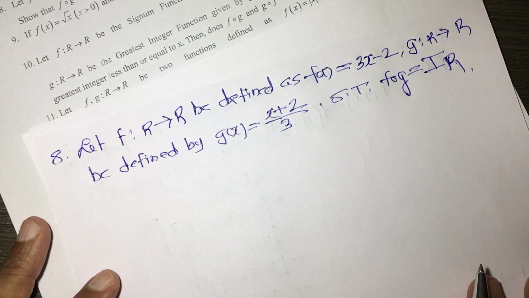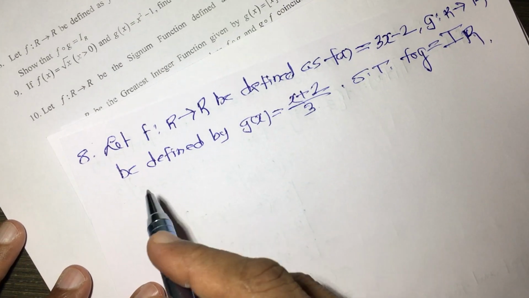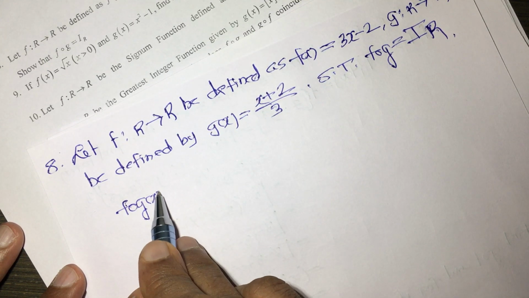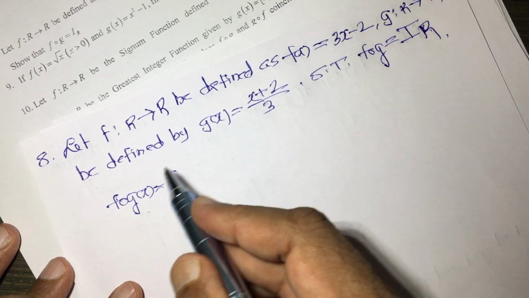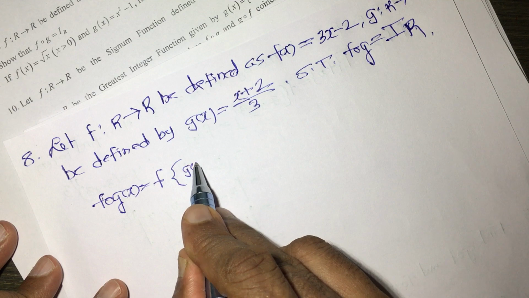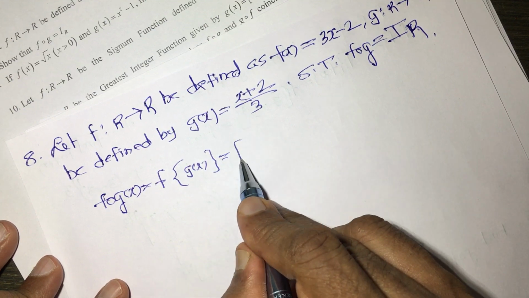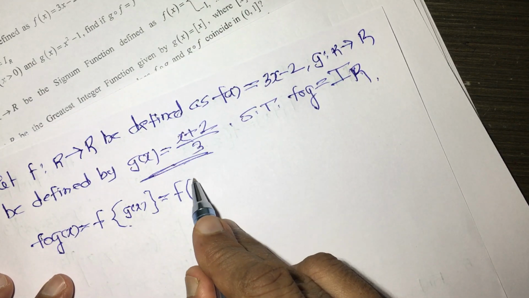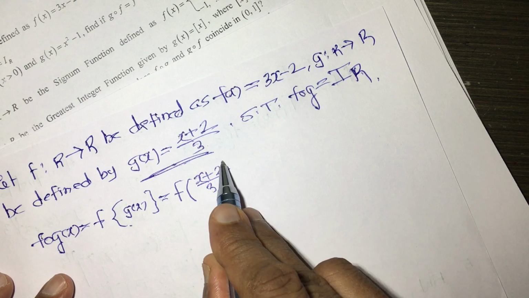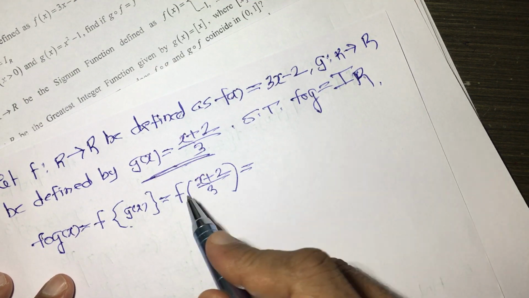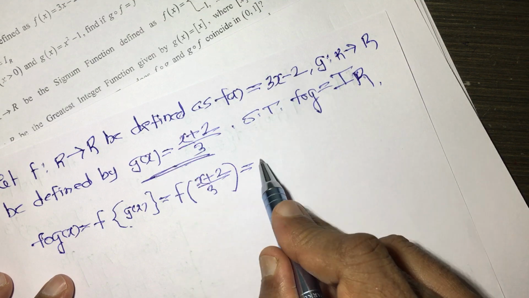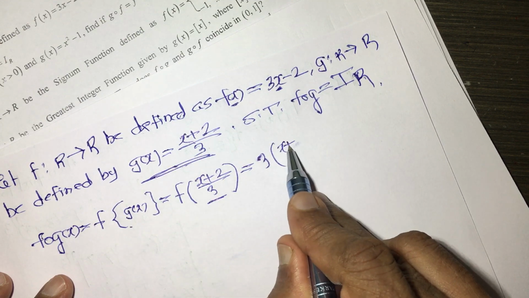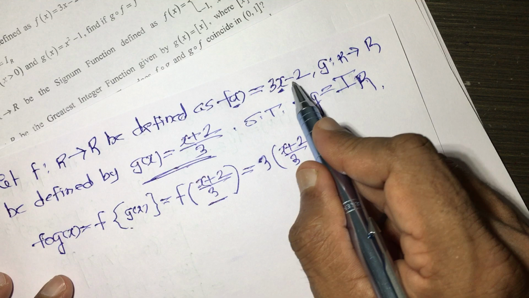I_R means identity function in the set of real numbers R, x. So, let us take f composite g of x. Solution of the example: f of g of x, I put the value which is given here, x plus 2 divided by 3, and this equals f of x is 3x minus 2, so I write 3 times x plus 2 divided by 3, minus 2.